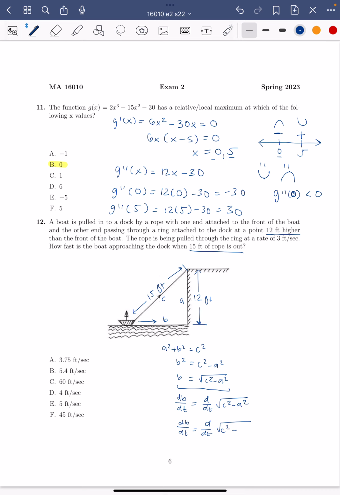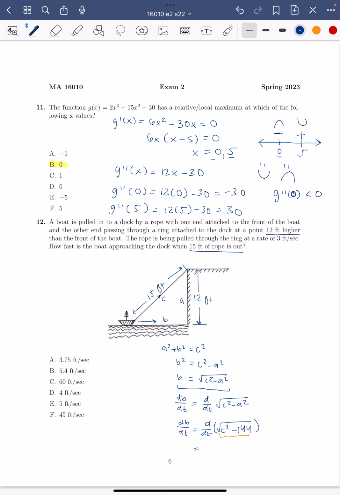12 squared is 144. Now, if we take the derivative of this, we don't know what c is as a function of t. So we take the derivative of c normally, but when we do, we have to tack on a dc over dt. This one's a little bit tricky because it involves the chain rule as well.